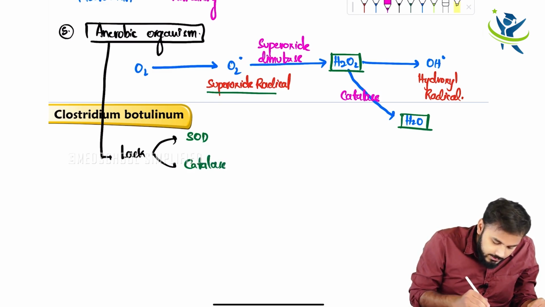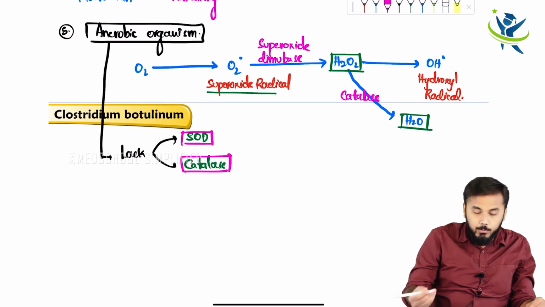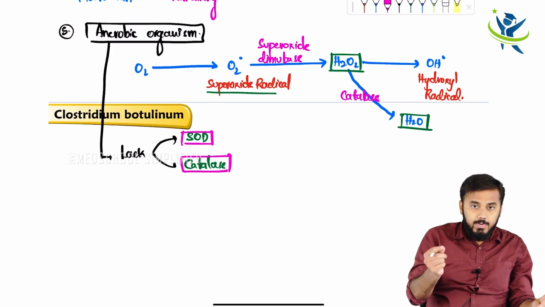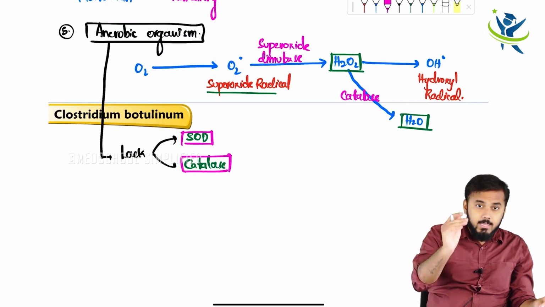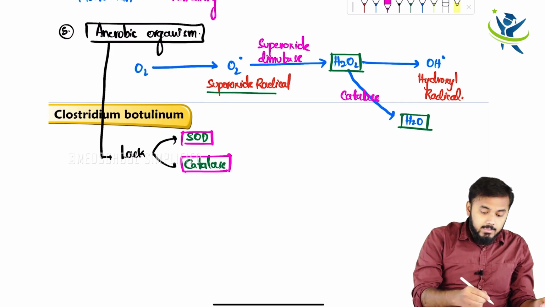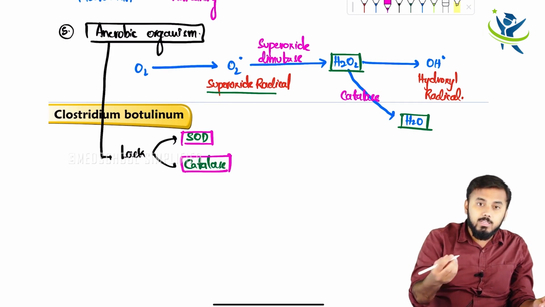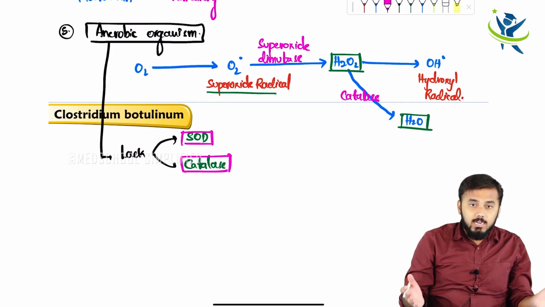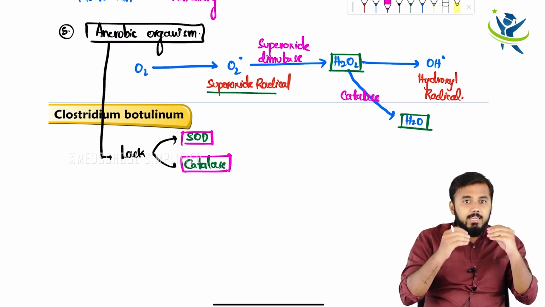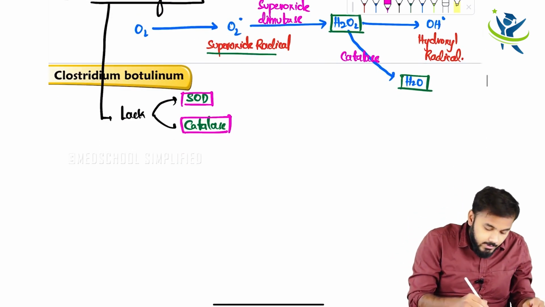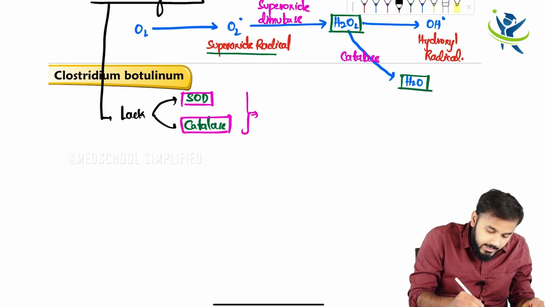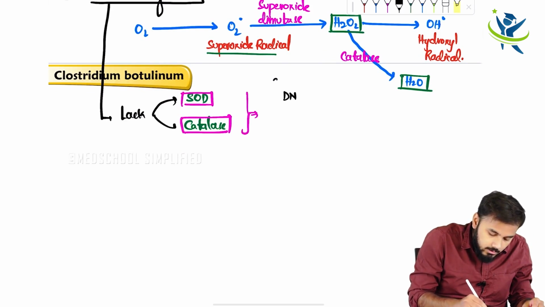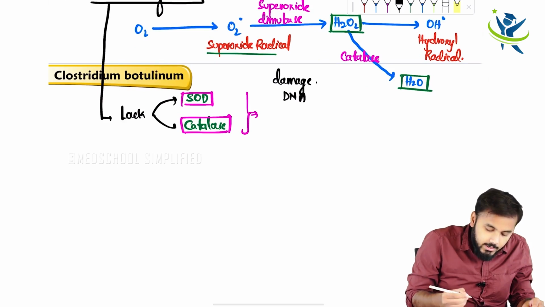So if you try to provide oxygen to them, within the bacteria the superoxide radical and hydroxyl radical are formed, start building up, and finally damage the DNA of the bacteria.